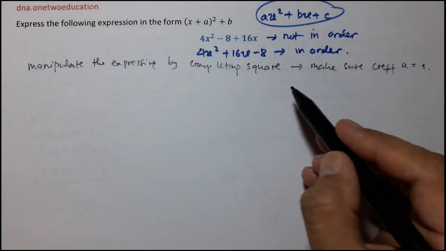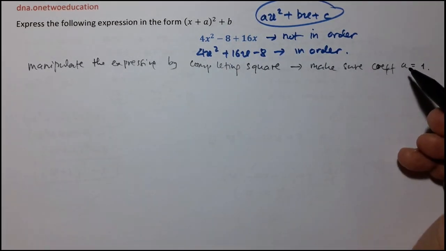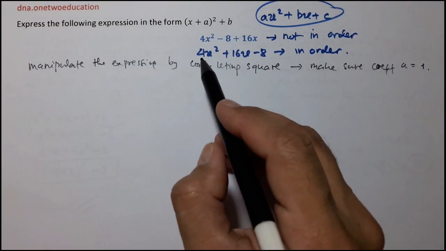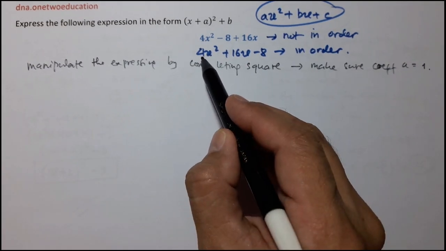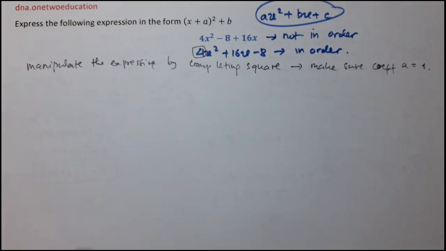Once again, a is the coefficient of x squared, and it must be 1. But in this expression, we find that a is 4. It's all right. How to manipulate this one?